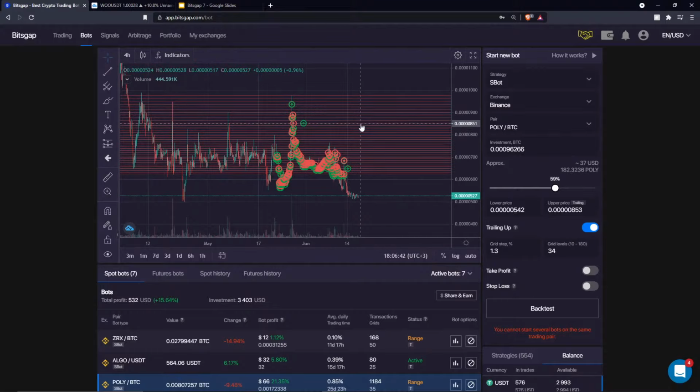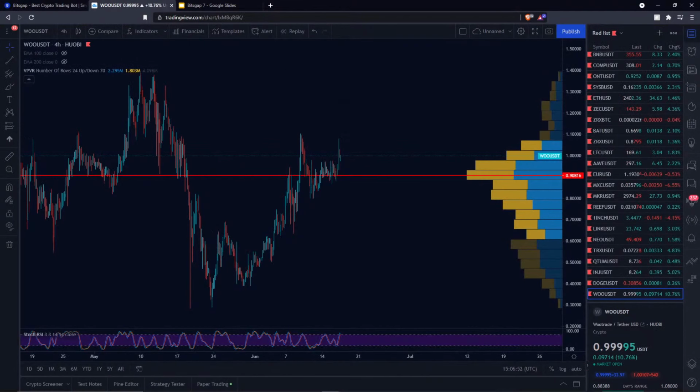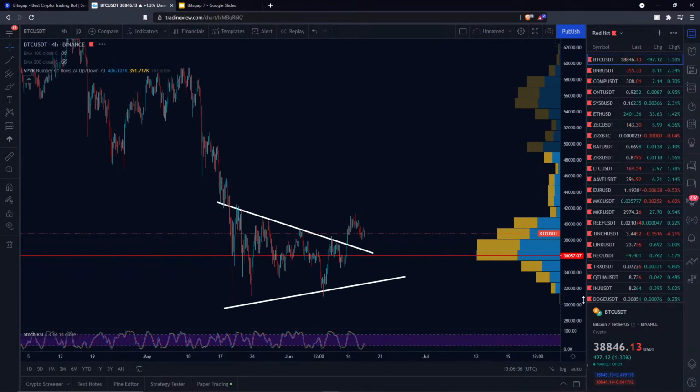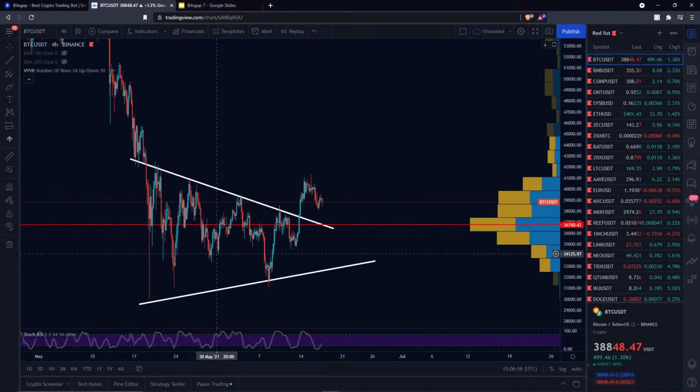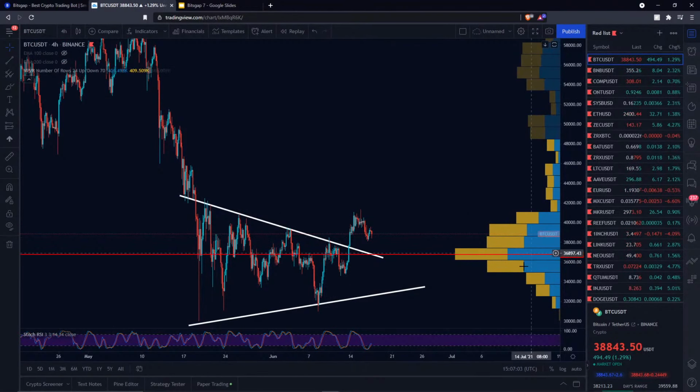Why not allocate some polys and Bitcoins just to take advantage of these price swings and to accumulate more Bitcoins, right? Because if you look at the price of Bitcoin right now relative to the dollar, you see we actually breached this triangle formation here, and this is pretty much a bullish signal.